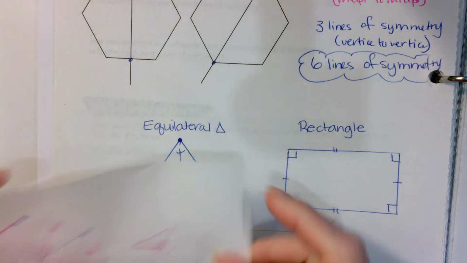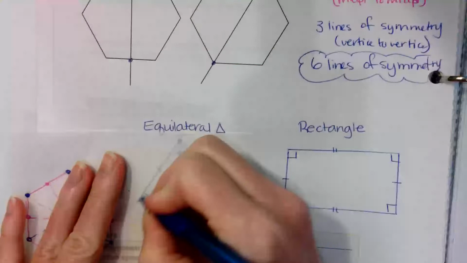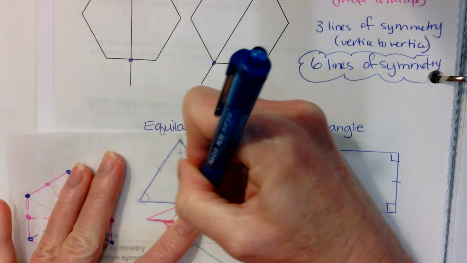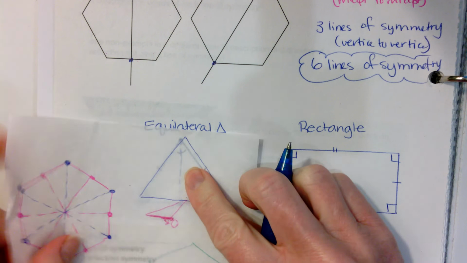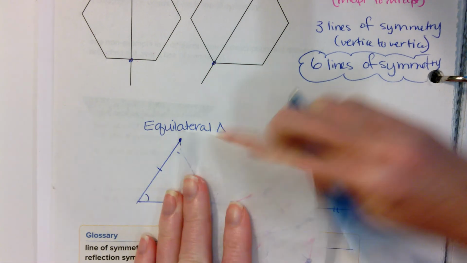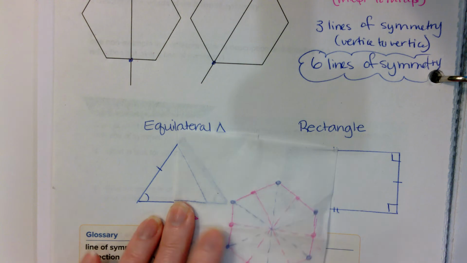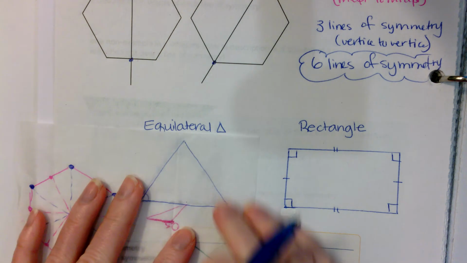So if I trace my triangle on my patty paper, I notice that this line splits my triangle in half. That would be my line of reflection. That's my line of symmetry. That's my line that divides my triangle perfectly in half.